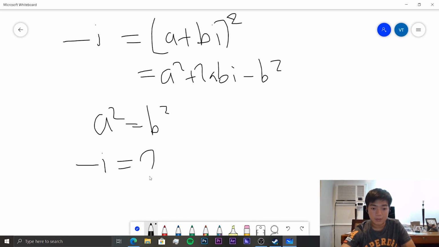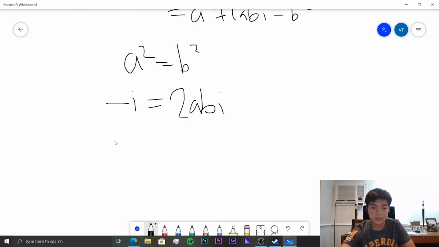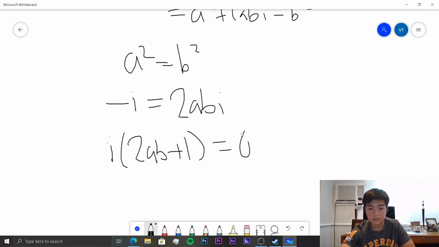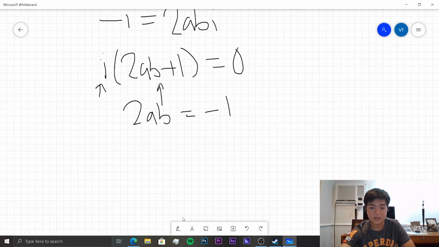Yeah, negative i equals 2abi. So this means that i times 2ab plus 1 is equal to 0. And since i is not equal to 0, 2ab plus 1 must equal 0. So 2ab equals negative 1, ab equals negative half.